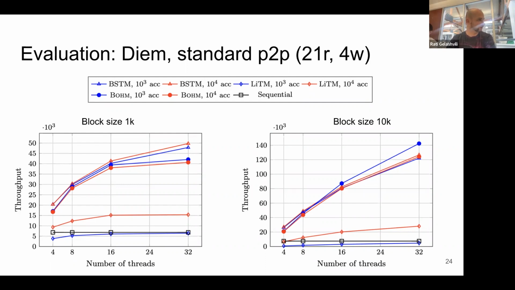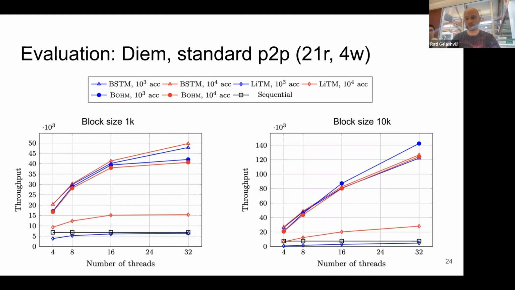Oh yeah. I guess maybe I'm running out of time. So let me see. The thing that we wanted to highlight here is that we are very competitive with BOM. We cannot run BOM unless it has write estimates, and we give BOM correct write estimates for free.